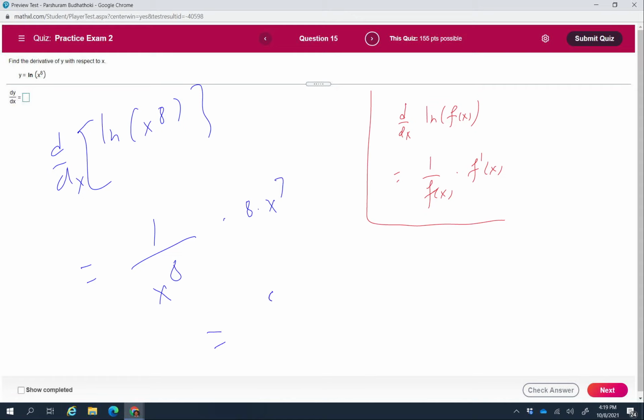So it's eventually 8 over x, because you can cancel x to the power 7 from the top and bottom. So this is our final answer.